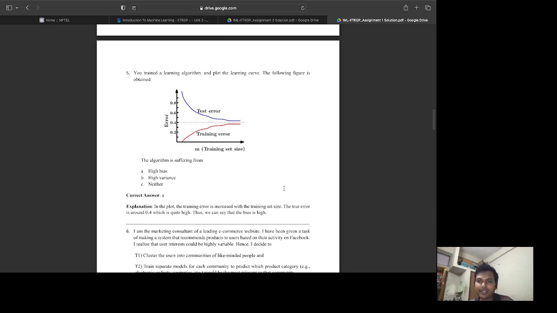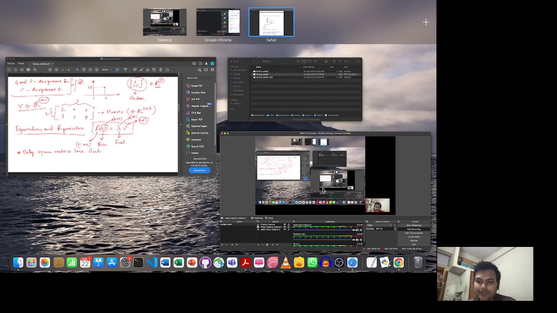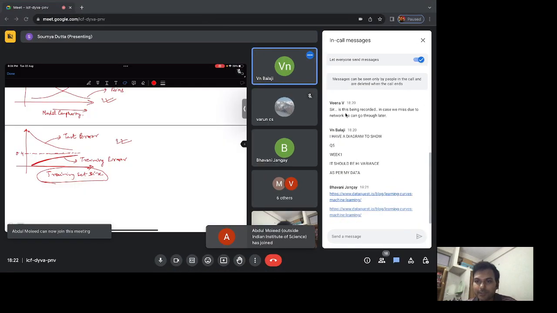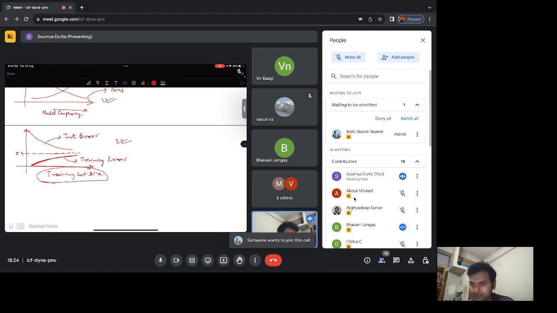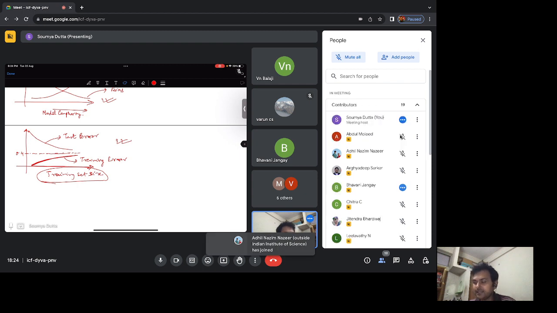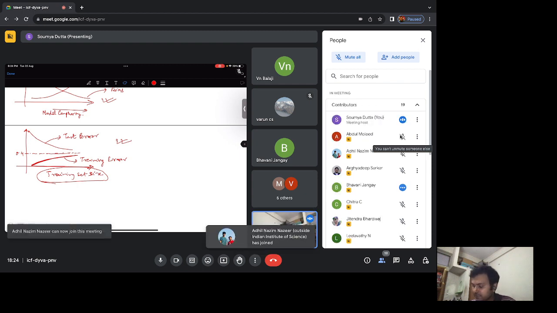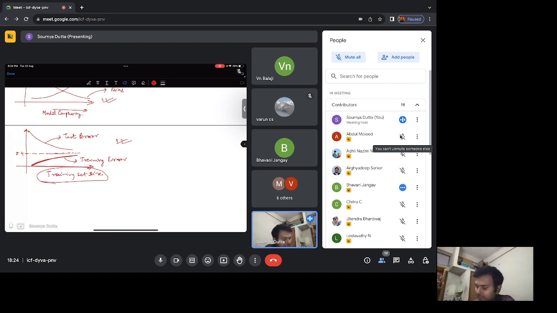That gives you an indication that it is not high variance, because then your test error would have gone down below your training error. In that case you can say it is high variance, but since here your training error is still lower, but it is increasing with your training set size, that means it is a high bias case.